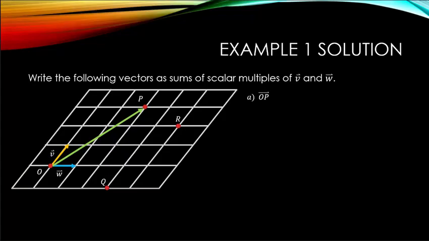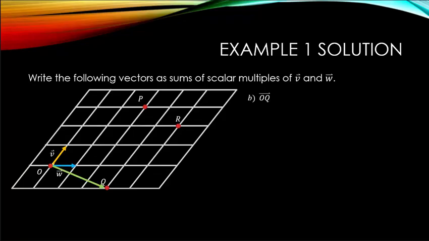I need 2 unit vectors of W to the right, and then I'm going to go 1, 2, 3 unit vectors of the unit vector V upward to end at P. This means that the vector OP can be written as 2 times the unit vector W plus 3 times the unit vector V.